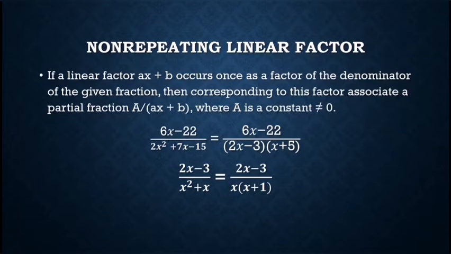Another example is 2x minus 3 all over x squared plus x. We could factor the denominator as x times the quantity x plus 1, so we could write it as 2x minus 3 all over x times the quantity x plus 1.